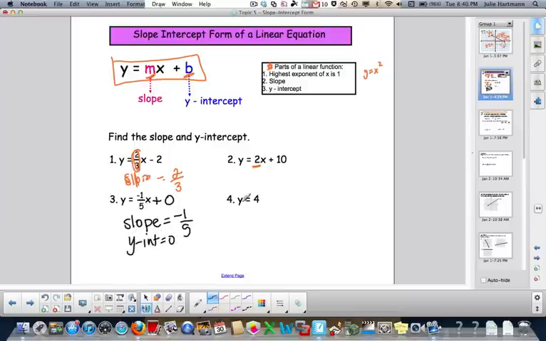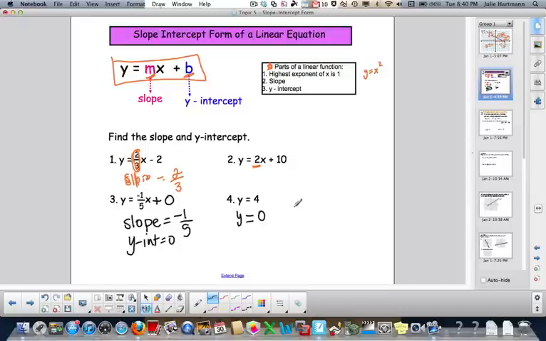Now in number 4, that really is y equals 0x plus 4. So in that situation, your slope is 0, your y-intercept is 4. If there's no x, that says y equals 4. There's no x there, that means your slope is 0 because essentially it is 0x plus 4.